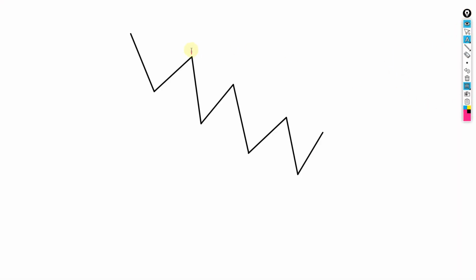So this is a high, we call it H. This is a low, we call it L. This is a high, but we have another high, but then this high is lower than this high. So what will it be called? It will be called a lower high. This is a low, but it is lower than this low. What will it be called? It will be called a lower low. This is another high, but it is lower than this high.